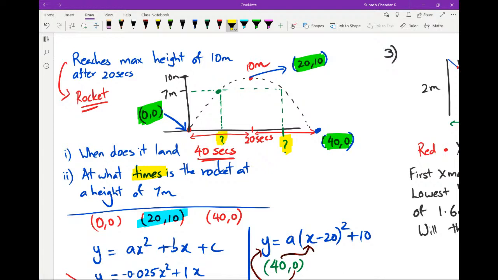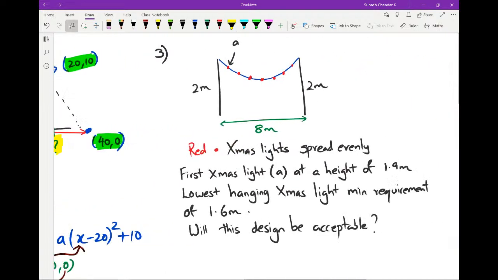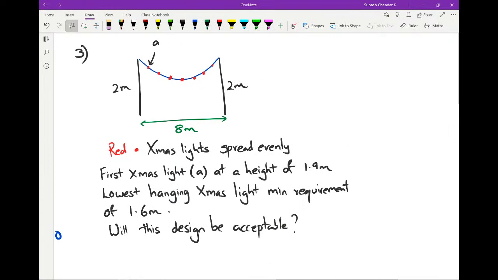Okay, guys, I'm going to give you guys a nice simple one to finish off the night on. Question number 3. Very similar to the first question that we did today. I think that's where I got that question from.